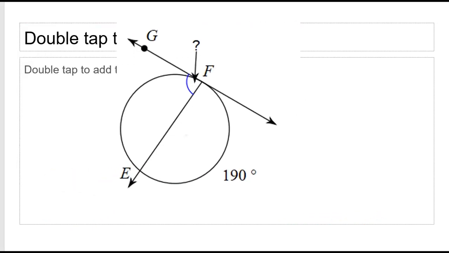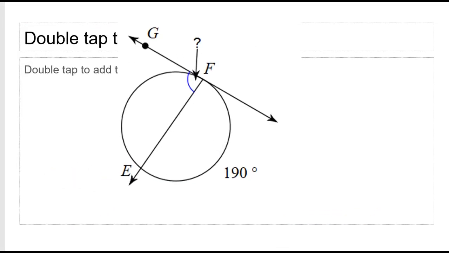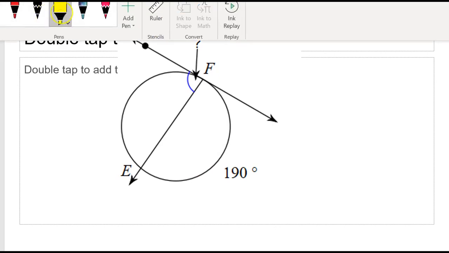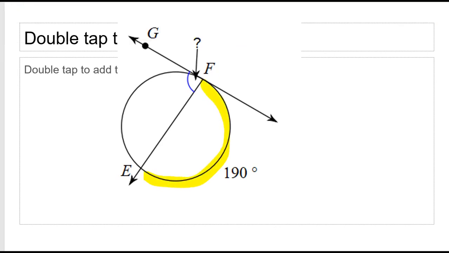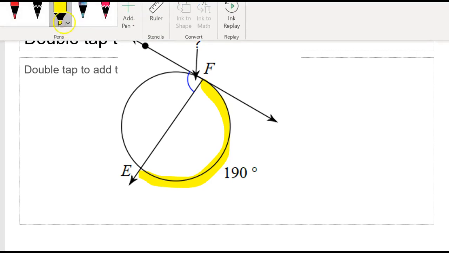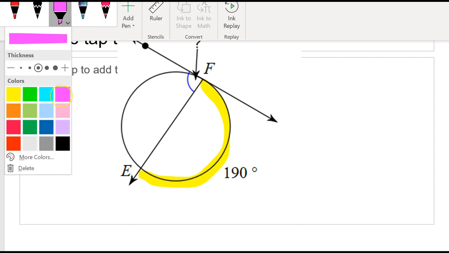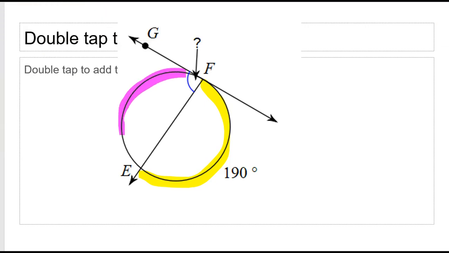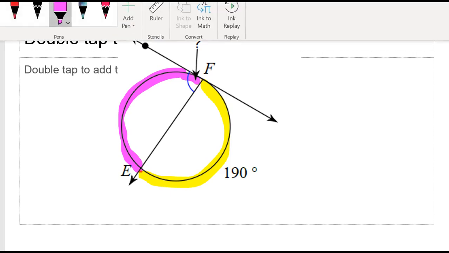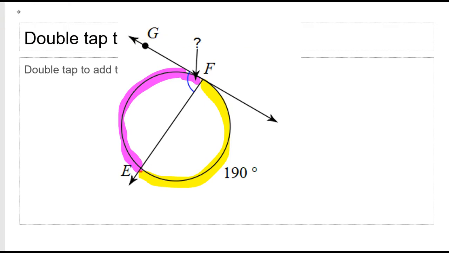Alright, in this problem, it is using a similar theorem that we've been using, but if you notice, guys, it is asking you for this arc. And then if we actually do this, let's get a different color so I can show you. The question mark goes with this one. So if you notice what I just did with those two colors, I just highlighted the entire circle.